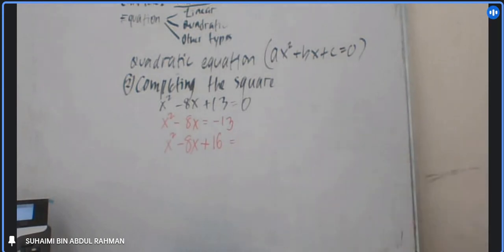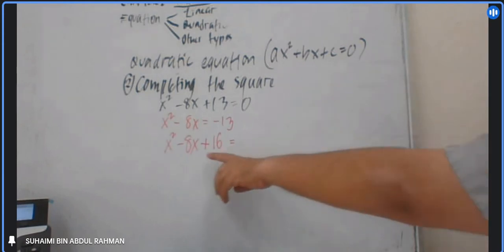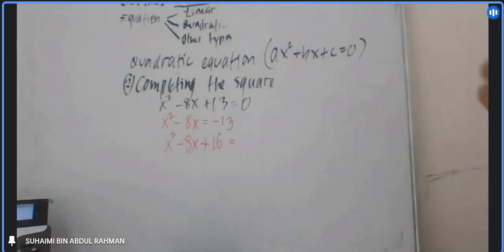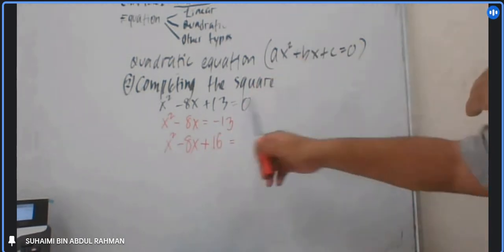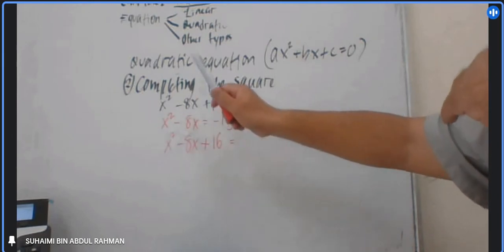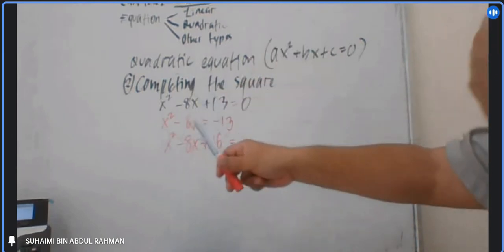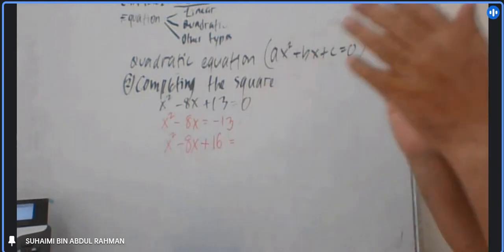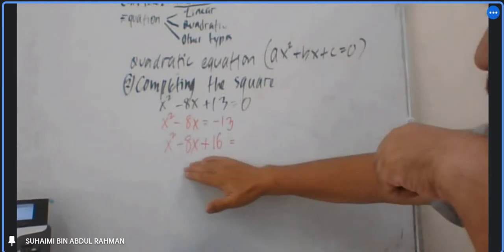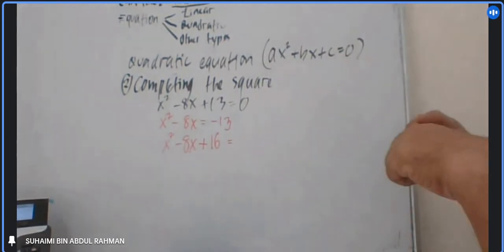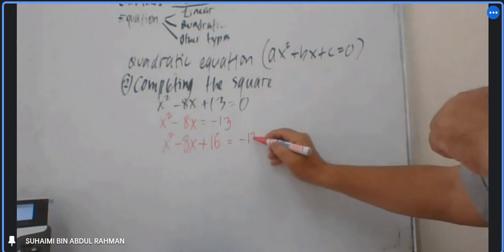Right? So we add 16. How do we get 16? Because of the coefficient of x, we divide by 2, we square. Since we add 16 on our left, we need to add 16 on our right as well.